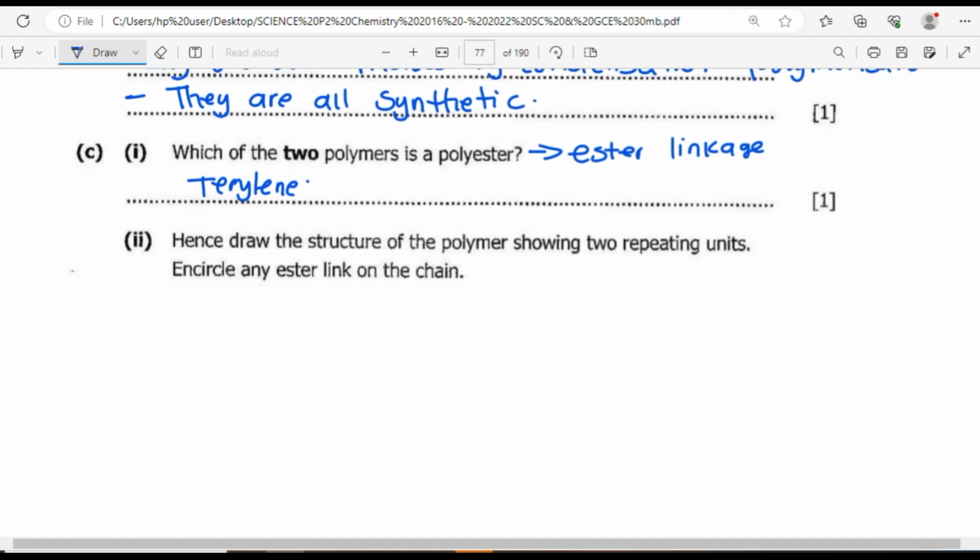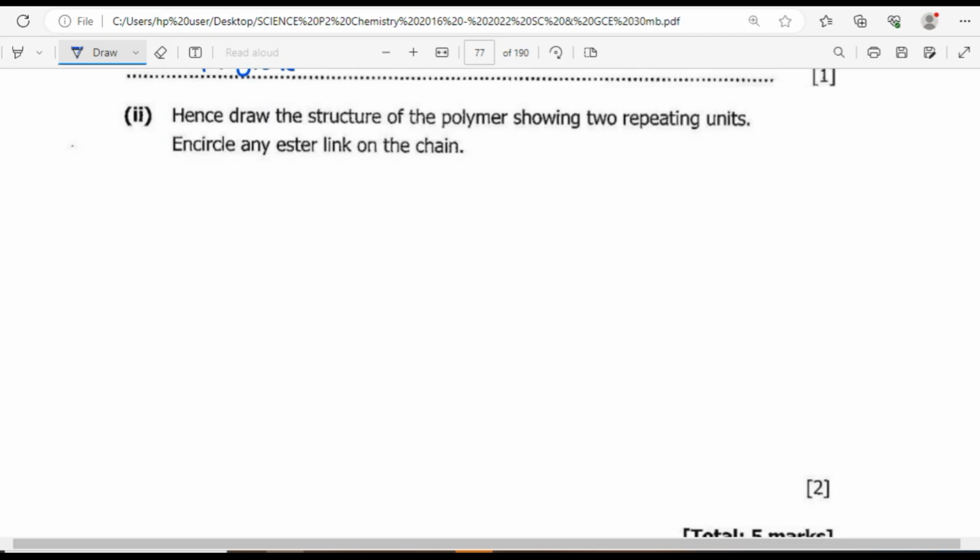So how can we draw the structure of terylene? Remember, for us to produce terylene, first we need to look at condensation polymerization. So under condensation polymerization, first we are going to look at what are the monomers that we are supposed to use for us to have terylene. So the picture here is this.